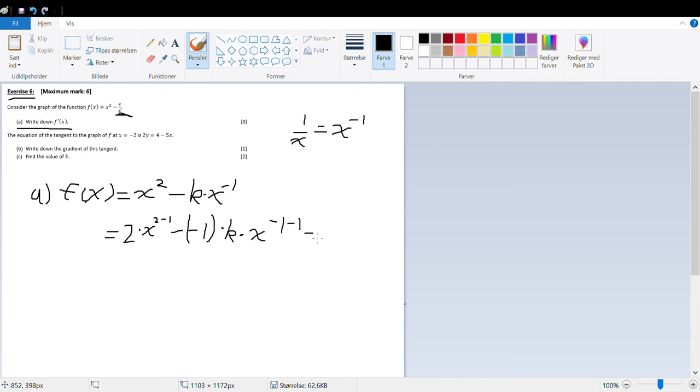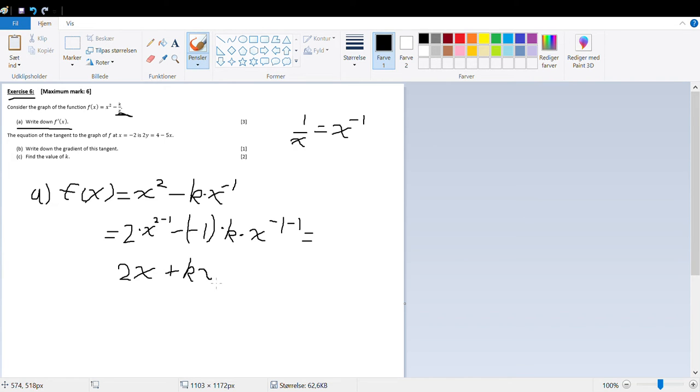And that gives us 2x, because 2 minus 1, that's 1, but x to the 1, we don't really care. That's just the same as saying x. Then, because we have a minus on a minus, we get plus k.